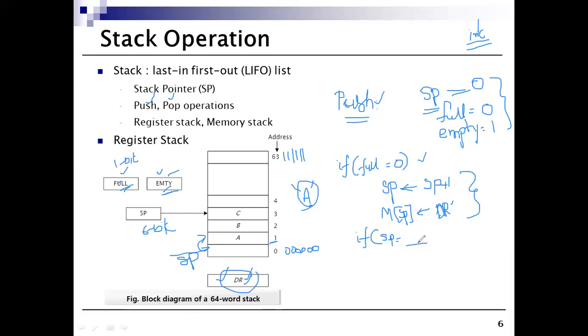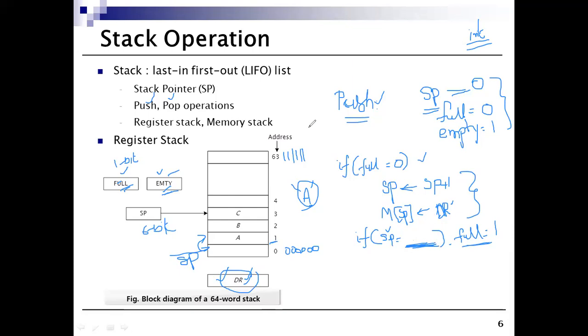Whenever it reaches some value, I have to make the flag bit called full as 1. What are the contents of SP when it says my stack is full and no further push operations will be accepted?